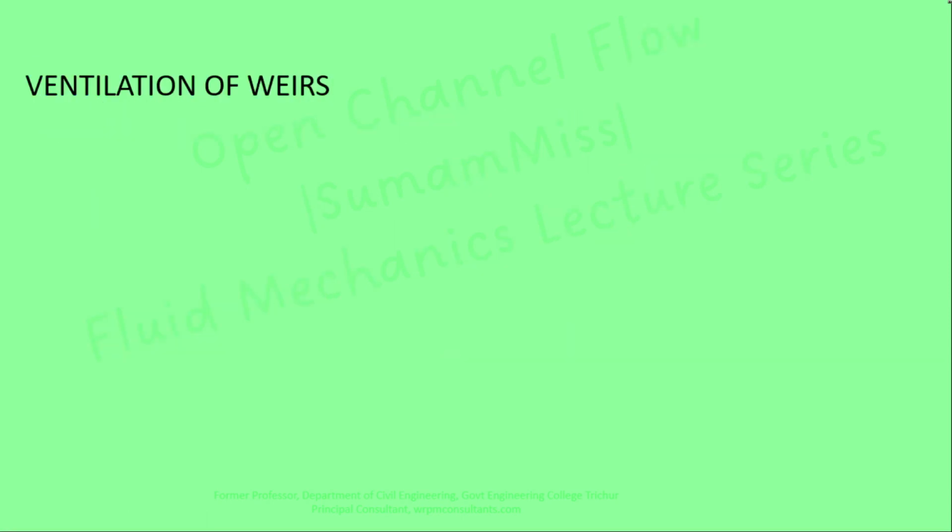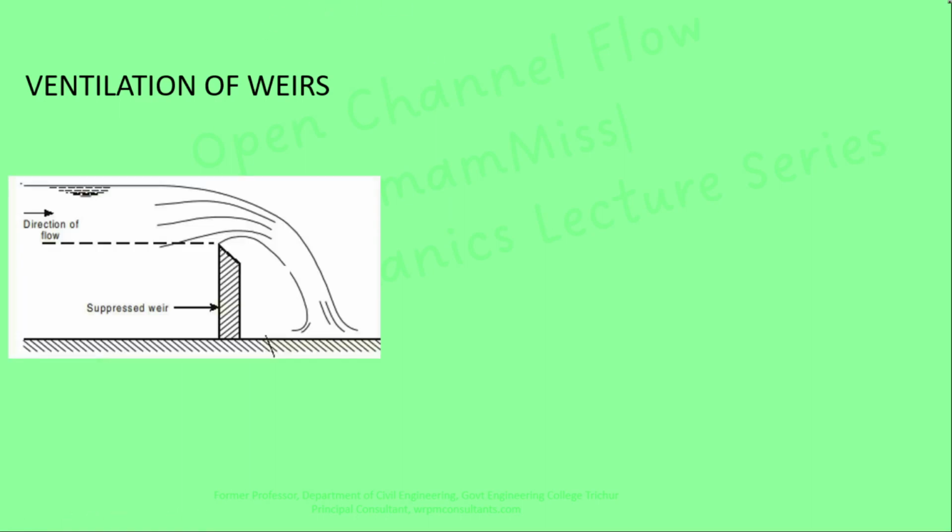Now let us discuss the ventilation of weirs. So far we have derived the expression for suppressed weir based on the assumption that it discharges freely to the atmosphere. In the case of suppressed weir, the width of the channel and the width of the weir are both equal. This is called free nappe.